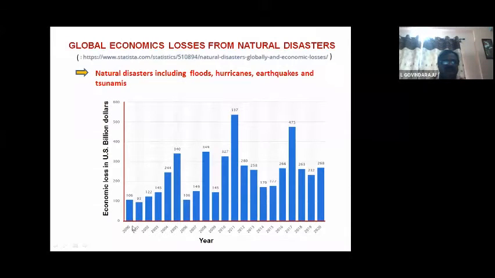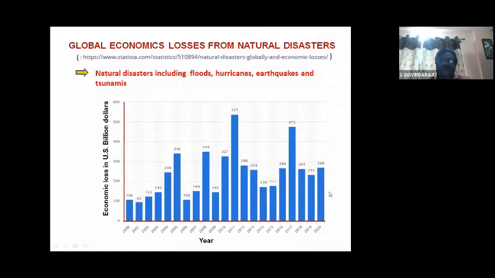And as you observe here, the natural disasters and associated economic losses are exponentially growing, with as low as 93 US billion dollars in 2001, attaining a maximum value of 537 in 2011, followed again by 475 billion US dollars in 2017, and then again up and down, again up and down.